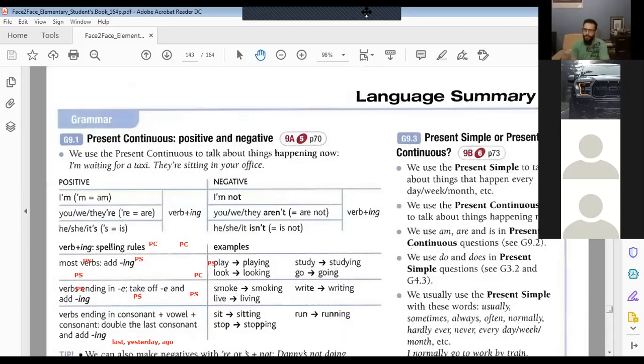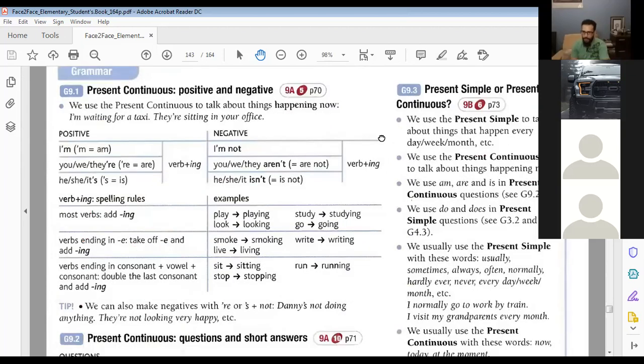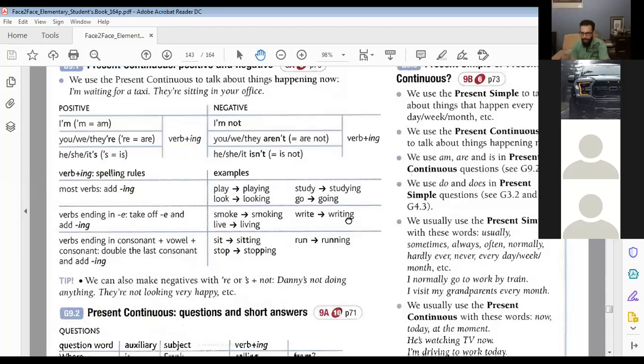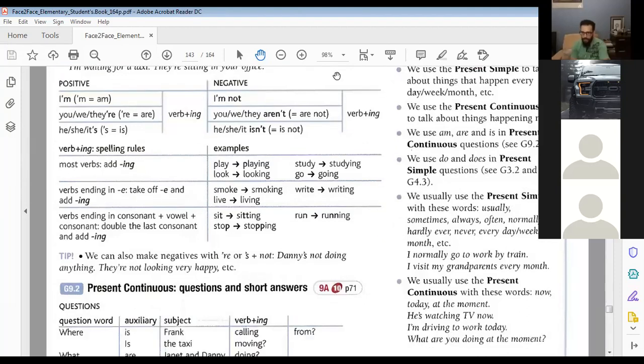Okay, let's check. Can you see the right side of the page? Yes. Okay. Here in this box, and we also have nice examples.